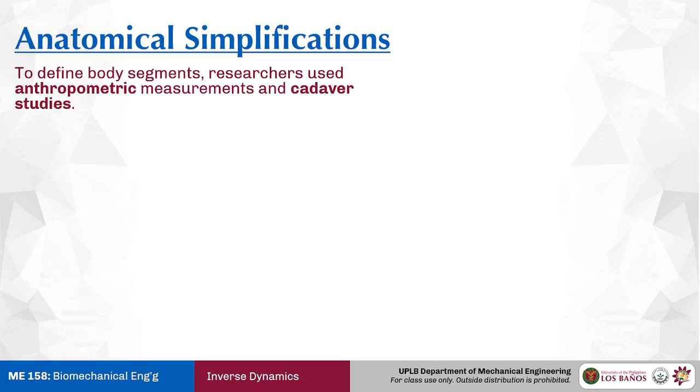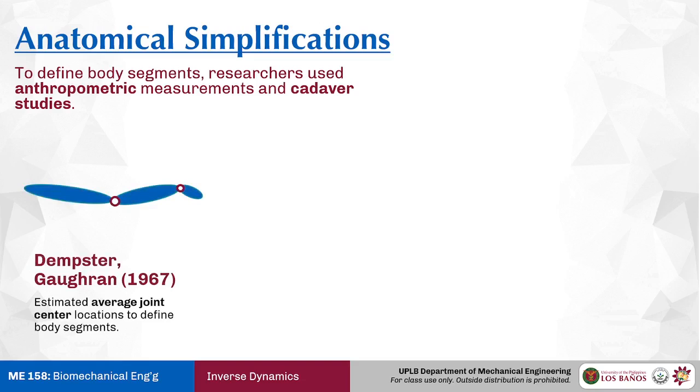So in 1967, there was this group of them studying Goshran. I'm not sure if that's how you pronounce their name. Their team defined the beginning and ending of each body segment according to the center of the joint.